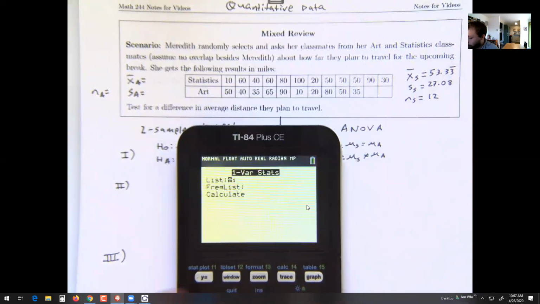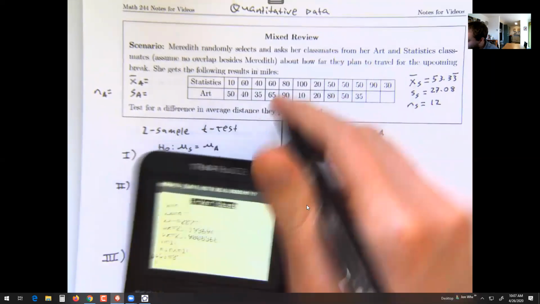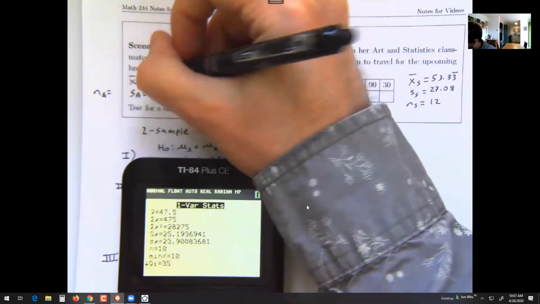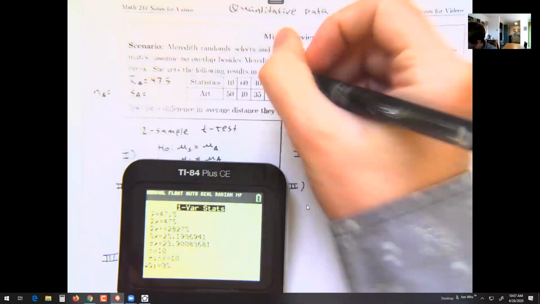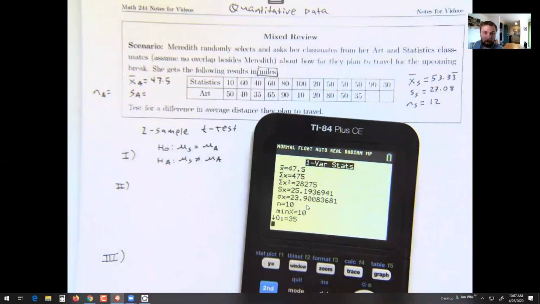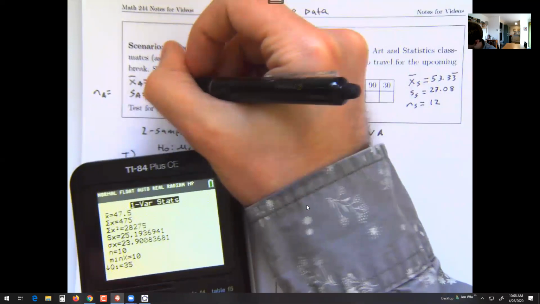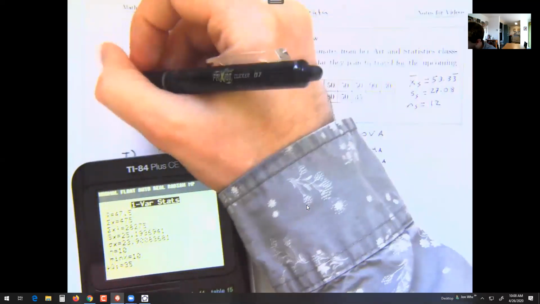For the second group, they had an average of 47.5. Units are miles. You should really write down the units somewhere so you don't forget them. Standard deviation was 25.19. And my N was 10.